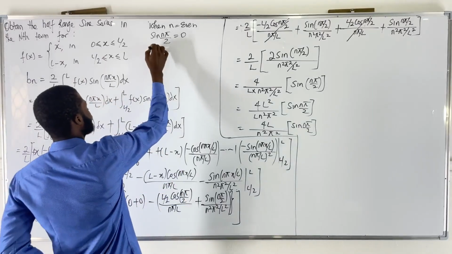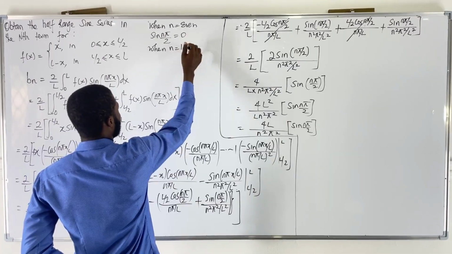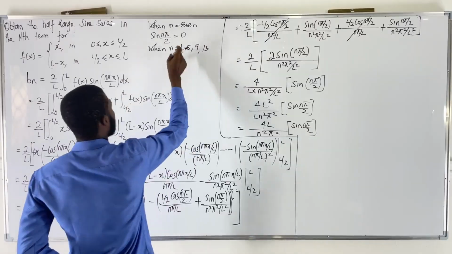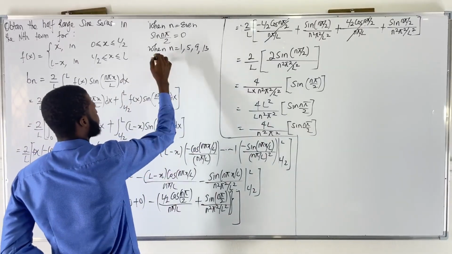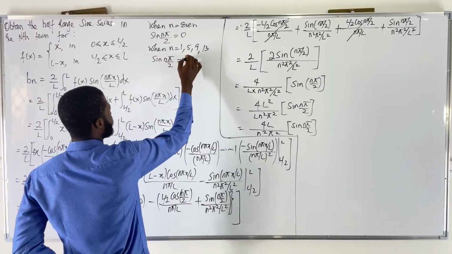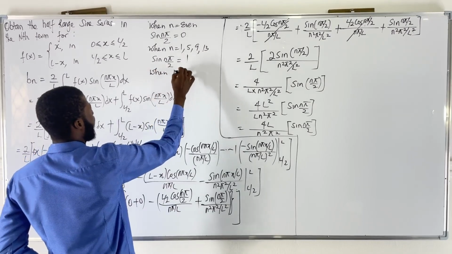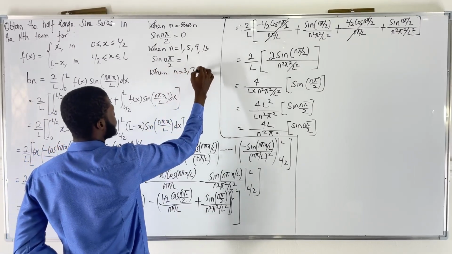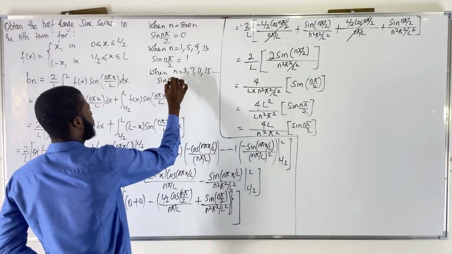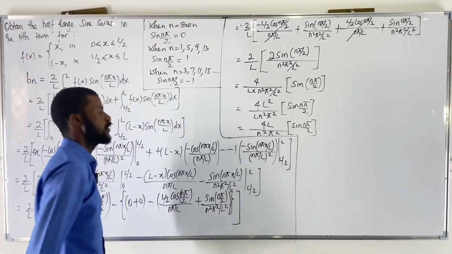Next, when n is 1, add 4 to 1, 5, 9, add 4 again, 13. When n is of this type of numbers, sine n pi over 2 will be giving us 1. Then when n is 3, 7, 11, 15, sine n pi over 2 is minus 1. So this is what we have.